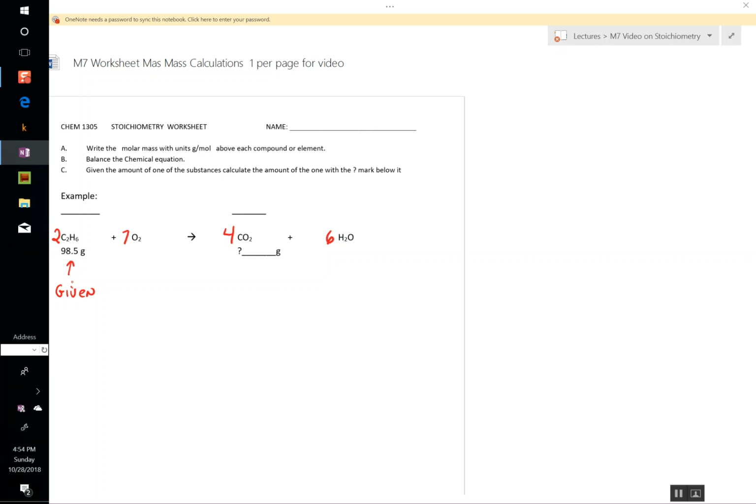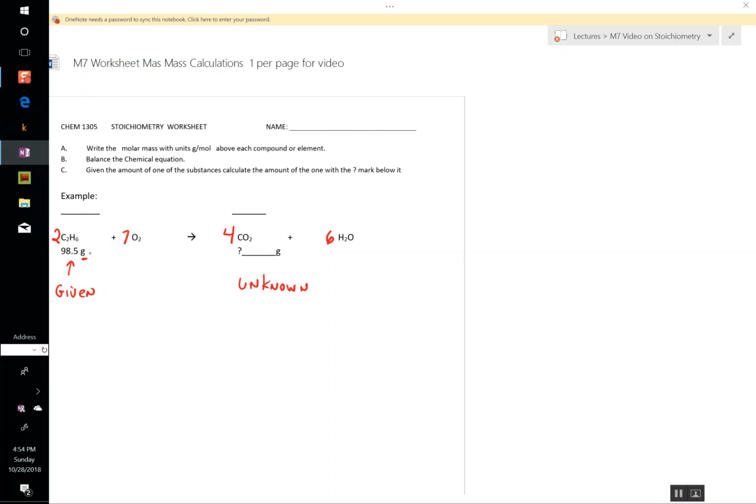So we're given the amount of C2H6 and asked how much CO2 is produced. So this is given. This is our unknown. This is what we want to calculate. And you can see we're starting out with a mass of this. This is ethane. And we're asked to calculate the mass of CO2 that would result.